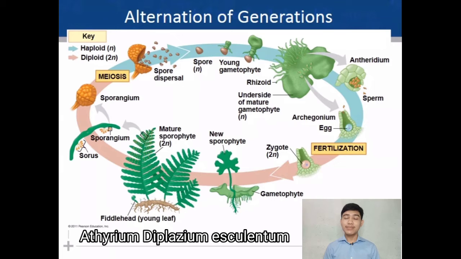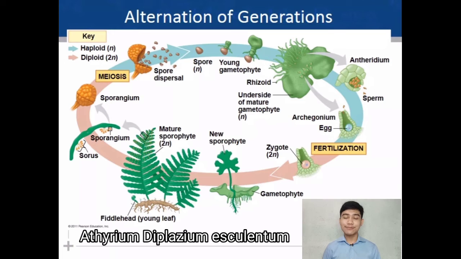After that, if the said spore is not able to find a partner or a favorable environment, it will be converted into a young gametophyte. It will mature, and then the spore structure will be removed, forming a rhizoid.